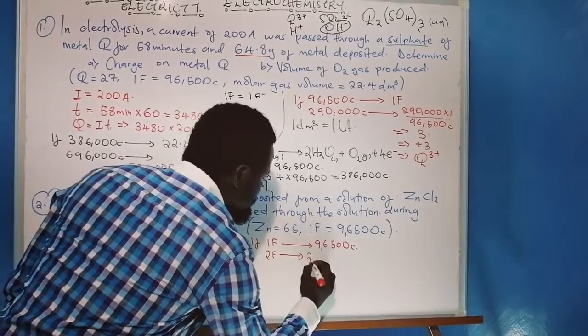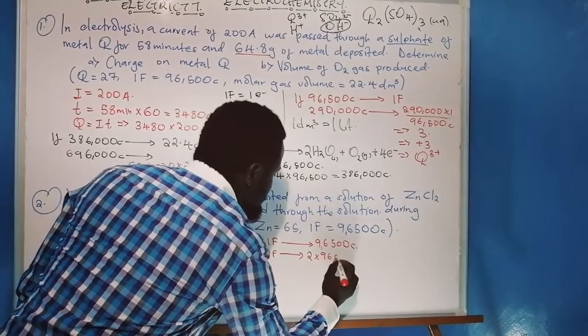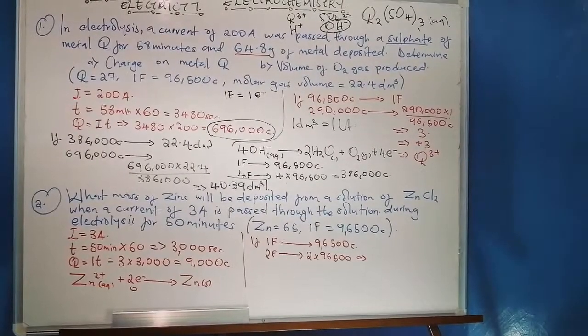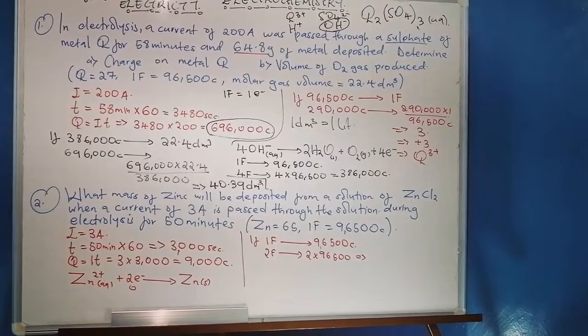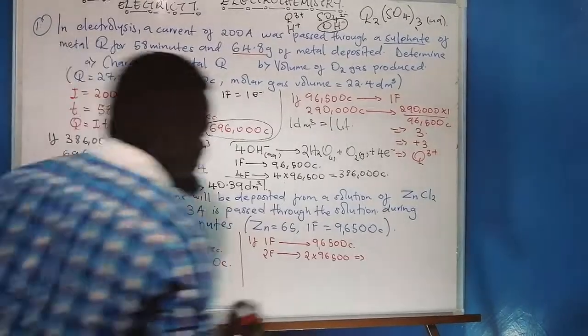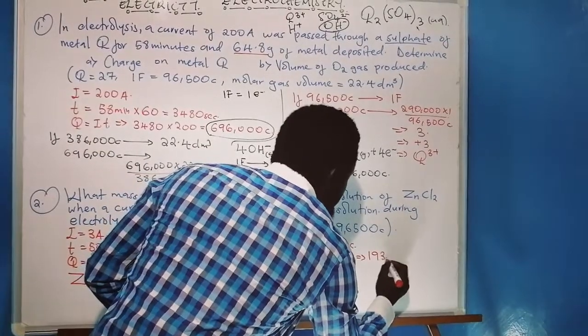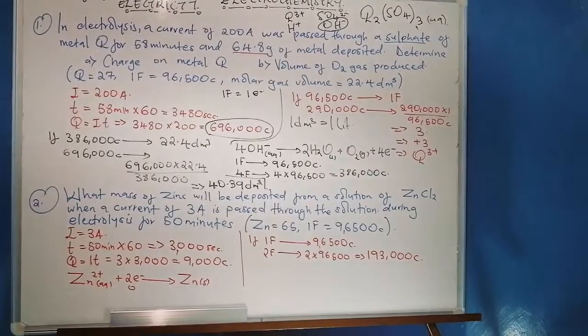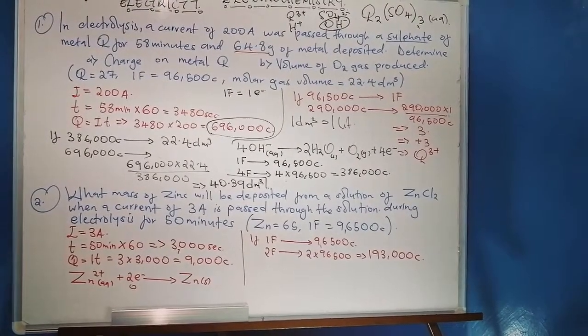It will now be 2 times 96,500 coulombs. So when you punch that in your calculator, you will have 193,000 coulombs. So I have such a figure in my mind.